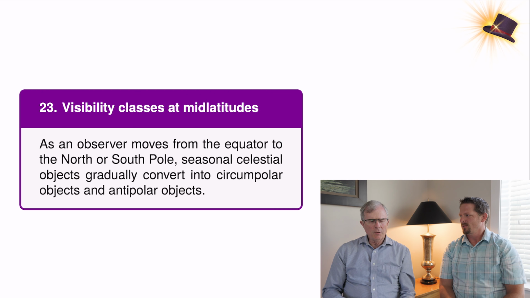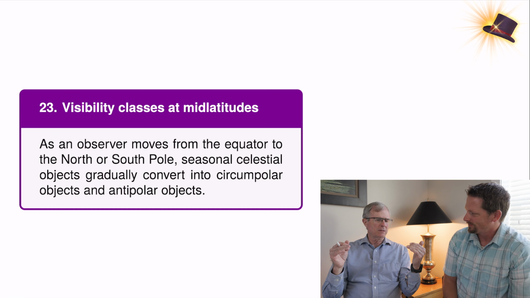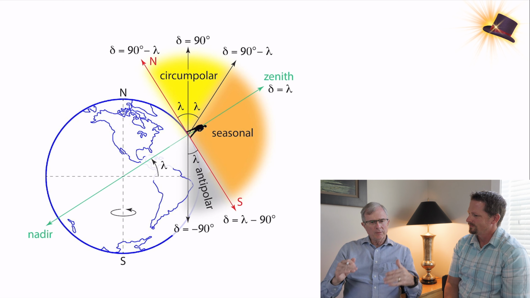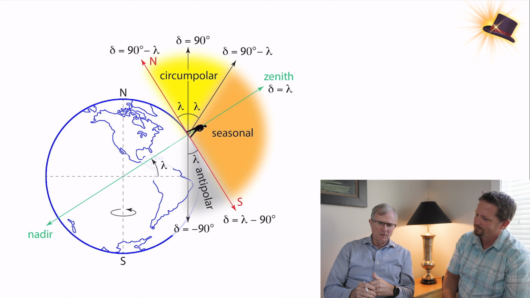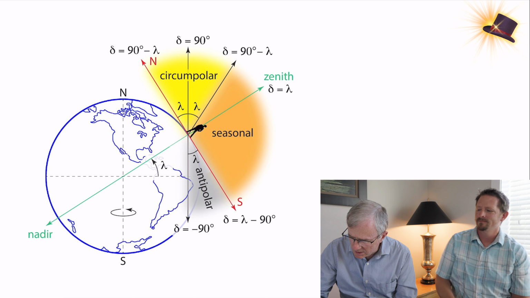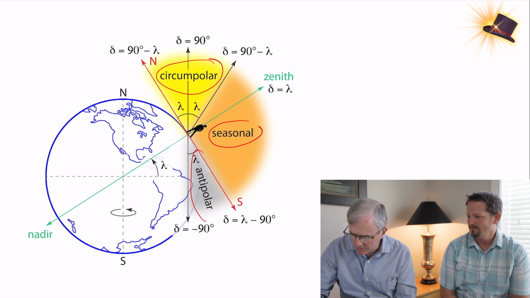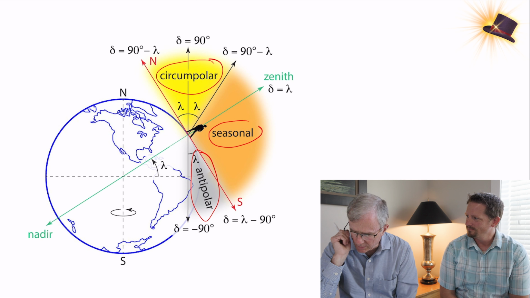So remember, at the equator, there was only one class. It was seasonal. And as you move, in this case, north, some of these seasonal objects get converted into circumpolar objects, and others get converted into antipolar objects.